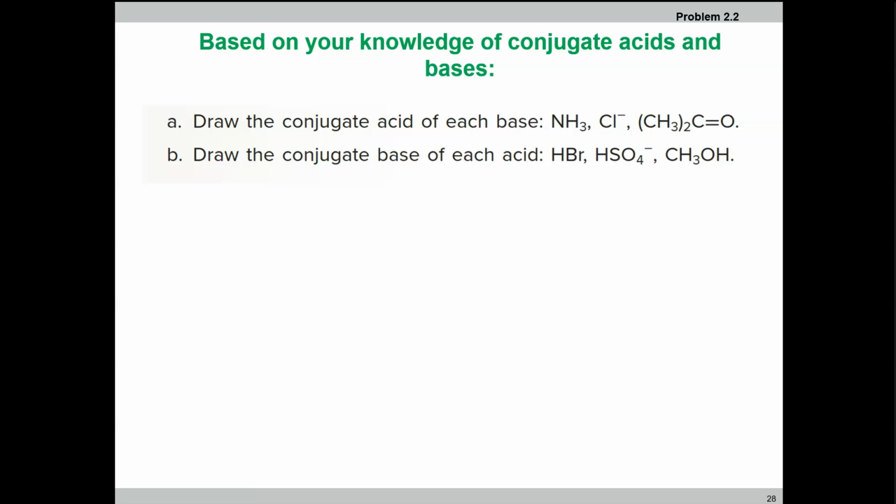So if we're looking at, for example, the first group, NH3, we're going to add a proton, H+, then that is going to give us an NH4 plus charge. That is going to now be our conjugate acid. So that's this one here. So I'd like you to do these other two and post those on Blackboard.